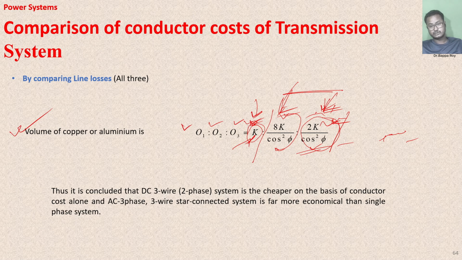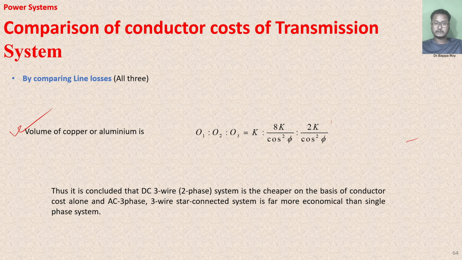I'm just trying to do it in a more easy way. I think it's clear for you guys. And if you want the calculation for other types of conductor systems, also you can comment. I'll come with the other calculations for the other conductor systems. Here we are actually comparing different systems.